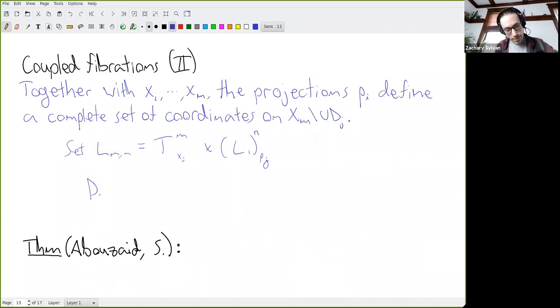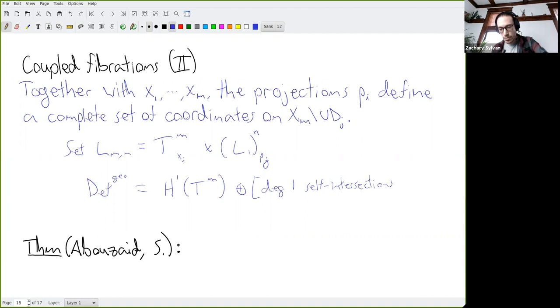And so now the deformation space, def geo, is H1 of Tm plus, I'm just going to say the degree 1 self-intersections of the various L1s. Now, each L1 has 2 degree 1 self-intersections.